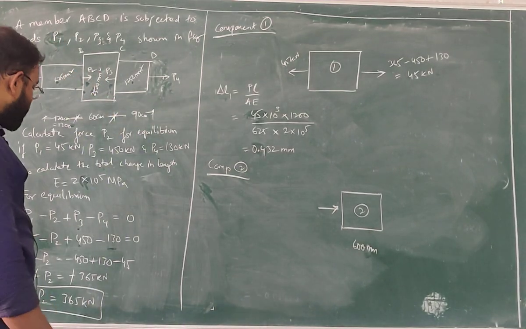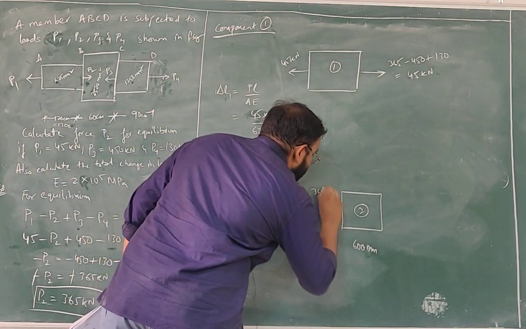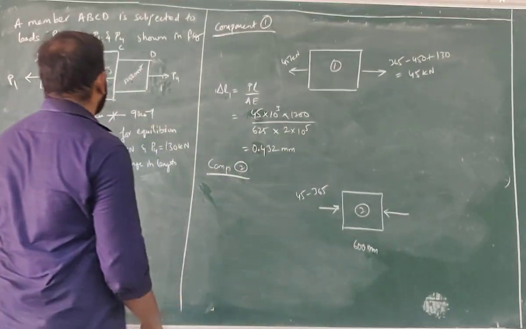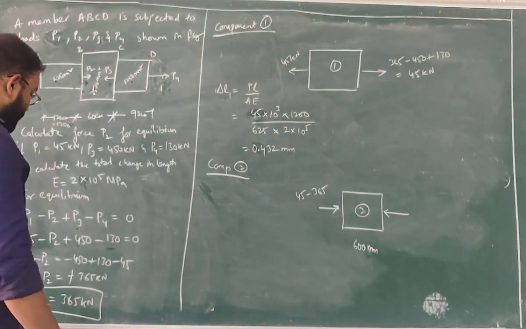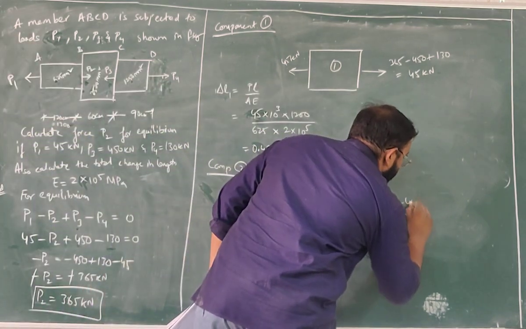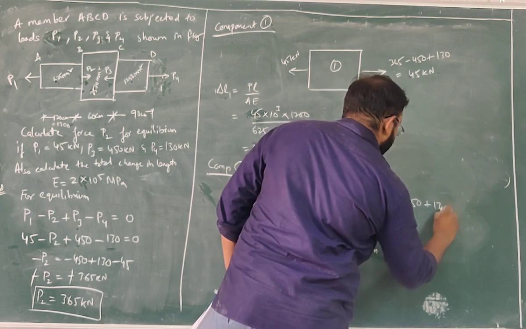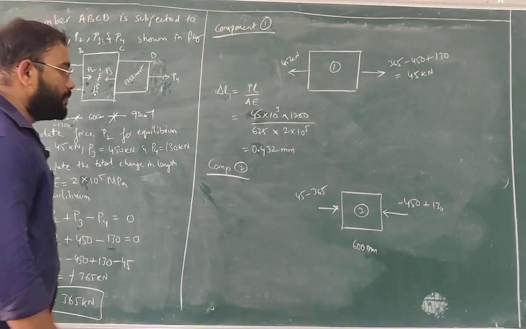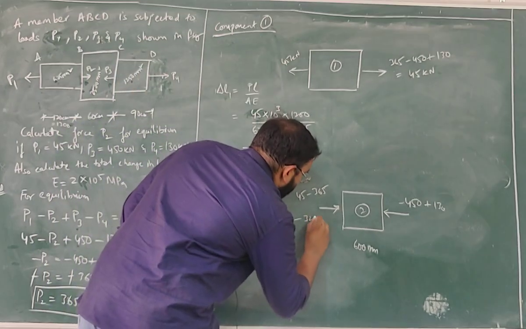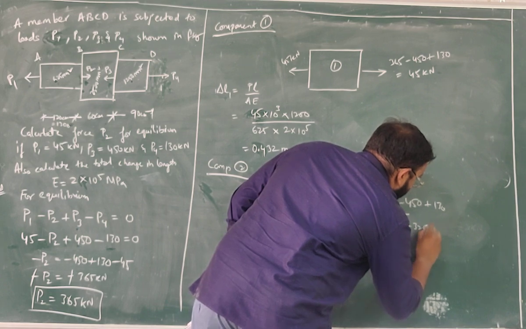What is P1? 45 minus 365. On this side you have again compressive force. This will be P3. What is P3? Minus 450 plus 130. Minus 320 kilonewton. This is also minus 320 kilonewton.